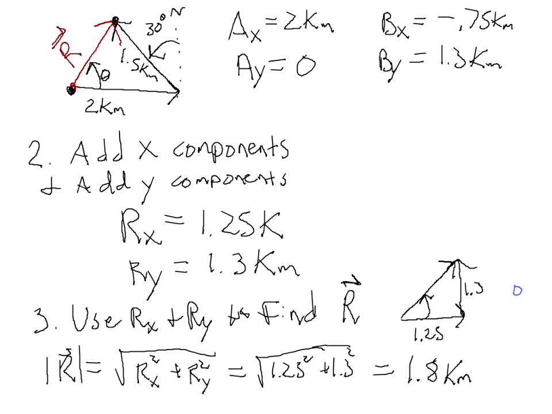Since tangent theta is opposite over adjacent, we have tangent of theta is opposite, 1.3 kilometers, over adjacent, 1.25 kilometers, or theta is the inverse tangent of 1.3 over 1.25.